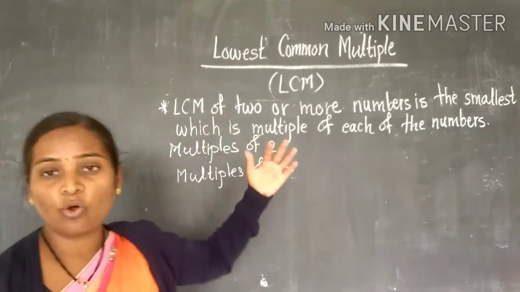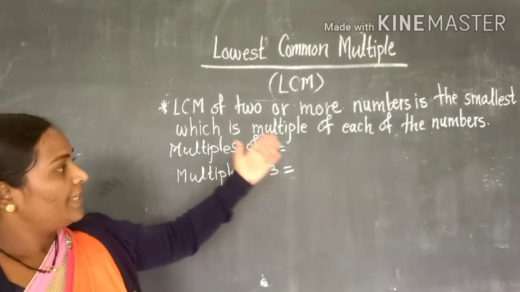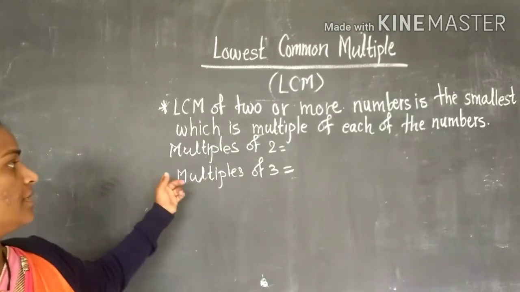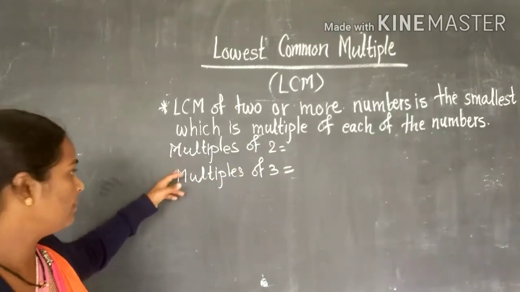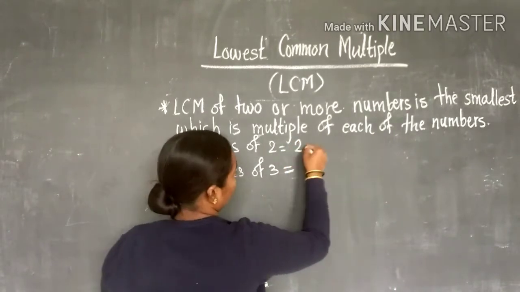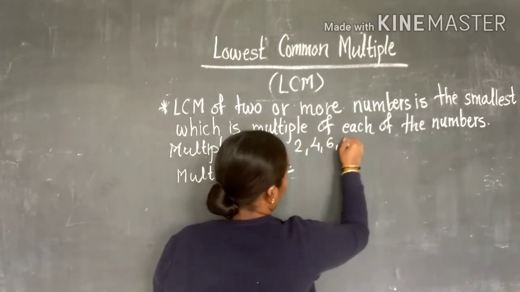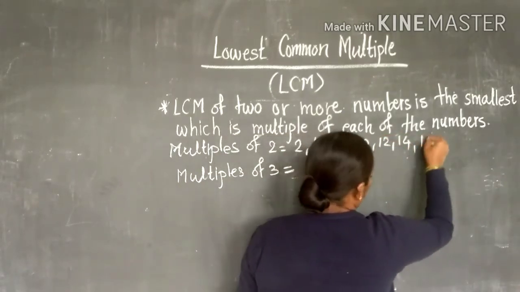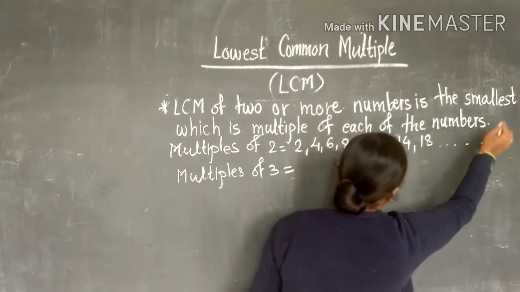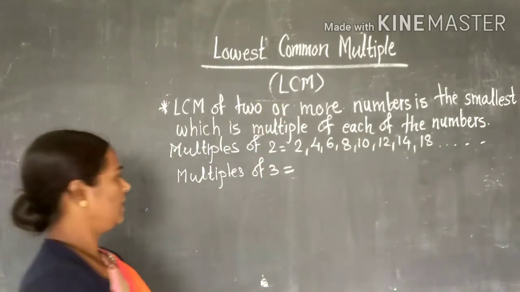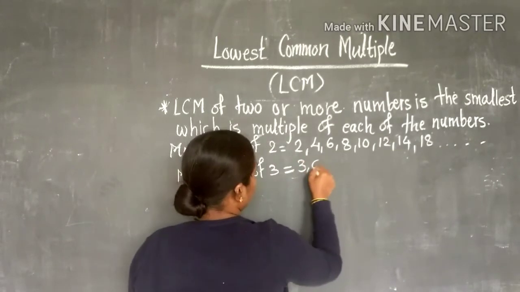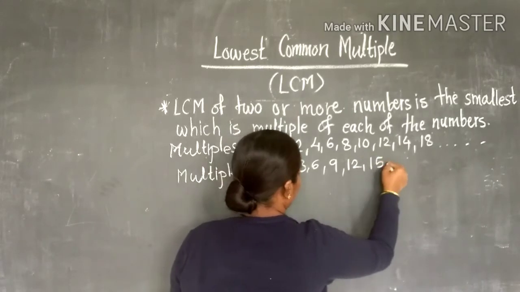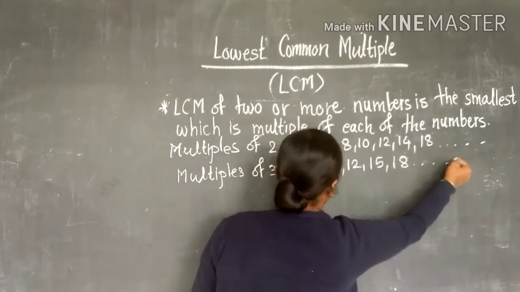LCM of two or more numbers is the smallest number which is a multiple of each of the numbers. Let's see the multiples of 2: 2, 4, 6, 8, 10, 12, 14, 16, and so on. Then the multiples of 3: 3, 6, 9, 12, 15, 18, and so on.